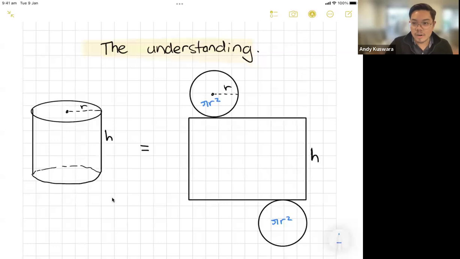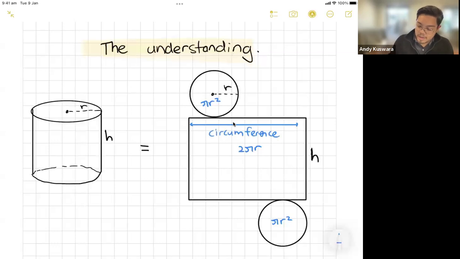Sorry, I should have mentioned, on the right here is the net of the left-hand side, which means if I unrolled it, it would be a rectangle and two circles attached. For this rectangle, this length here is the circumference, and we know the circumference is 2 pi r.